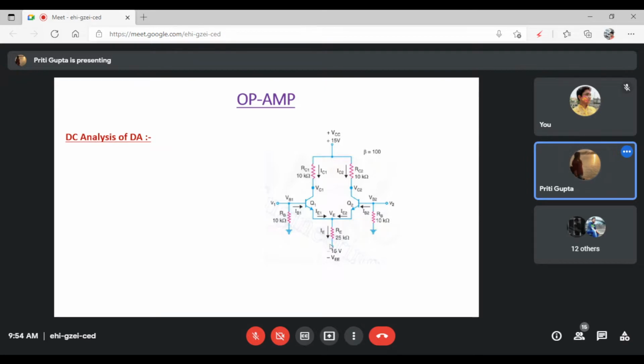The base current is very small, so that we can ignore the voltage drop across the base resistors.